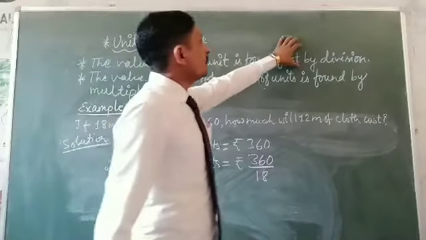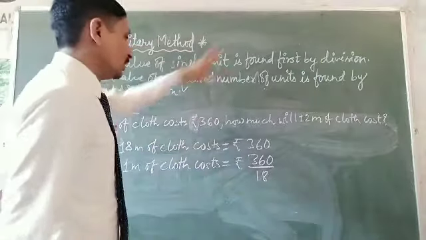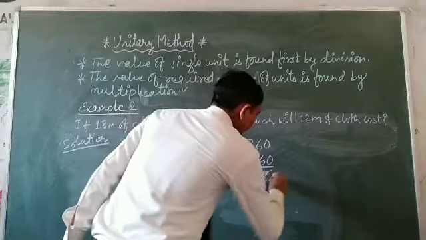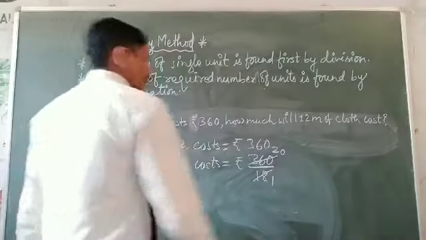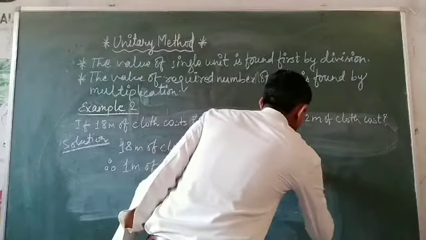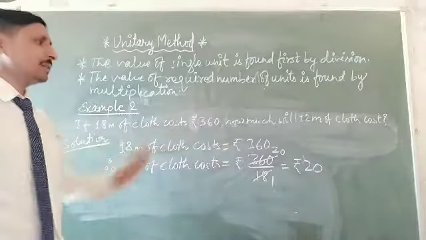So by division we can find the value of a single unit. 18 ones are 18, 18 twos are 36. That is rupees 20. So 1 meter of cloth costs rupees 20.